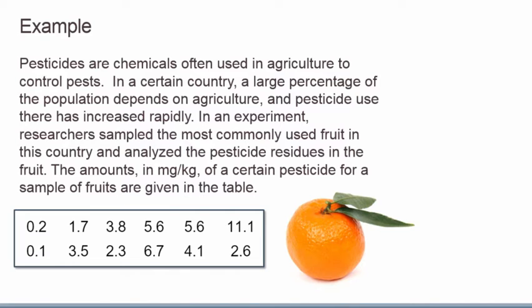The amounts in milligrams per kilogram of a certain pesticide for a sample of fruits are given in the table. We have 0.2, 1.1, 3.8, 5.6, 5.6 again, 11.1, 0.1, 3.5, 2.3, 6.7, 4.1, 2.6.